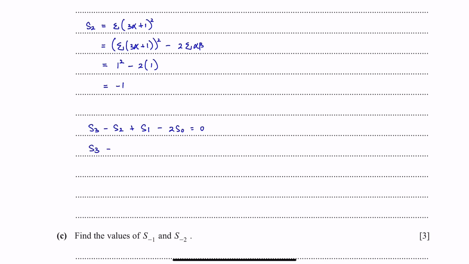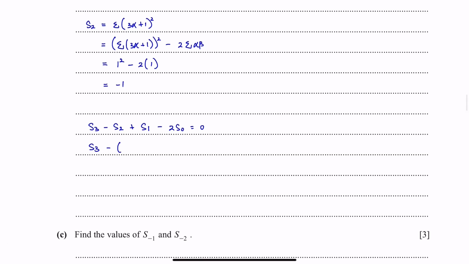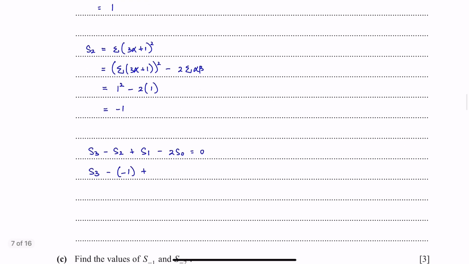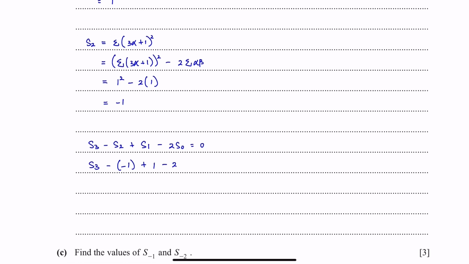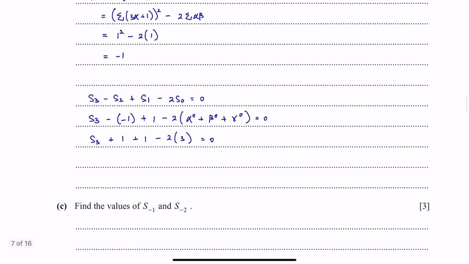So we just sub the values of S2 and S1. So S2 is negative 1, plus S1 is 1, minus 2 times S0. S0 is basically alpha to the power of 0 plus beta to the power of 0 plus gamma to the power of 0. So S3 plus 1 minus 2 times 3 equals 0, because anything to the power of 0 is just 1. So 1 plus 1 plus 1 is 3. And S3 in this case would be equal to 4.